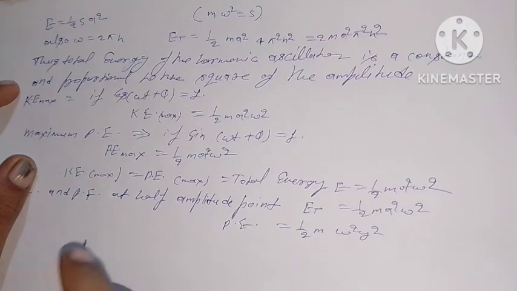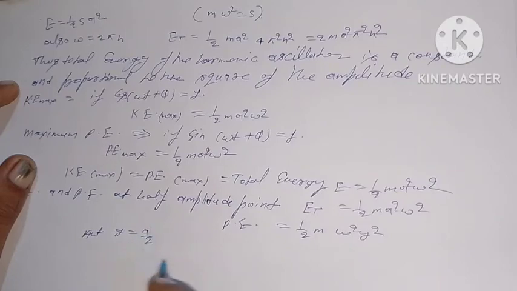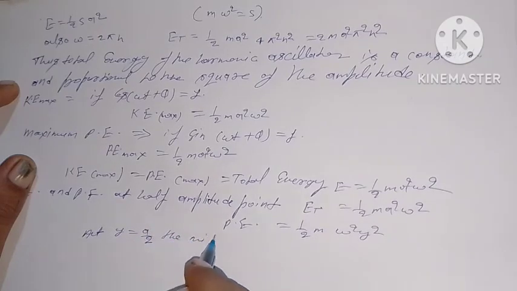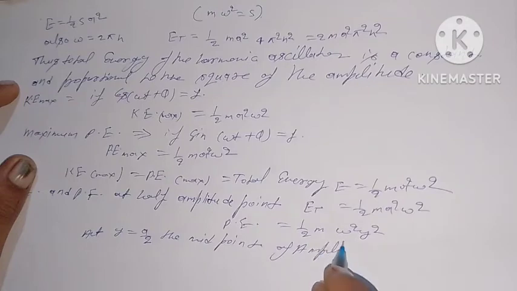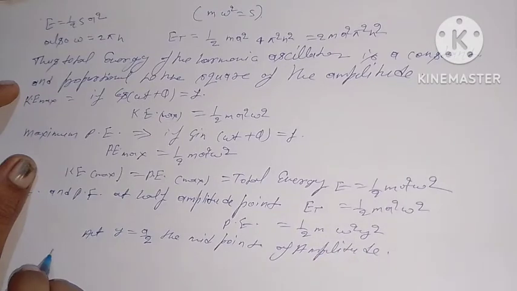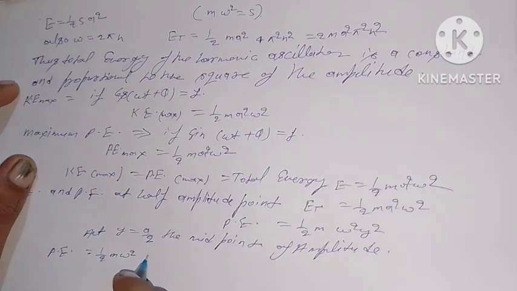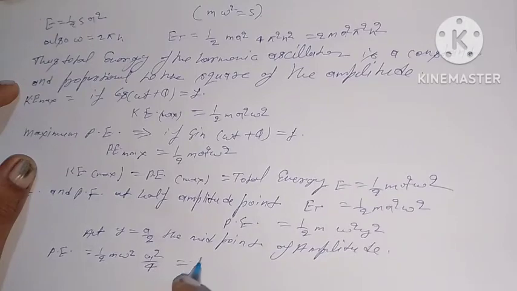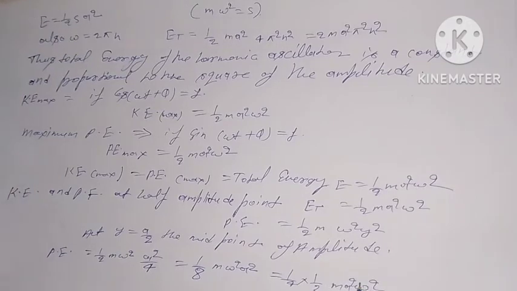At y equal to a upon 2, the midpoint of amplitude, the potential energy equals 1 upon 2 m omega square a square by 4, that is 1 upon 8 m omega square a square, that is 1 upon 4 multiplied by 1 upon 2 m a square omega square.